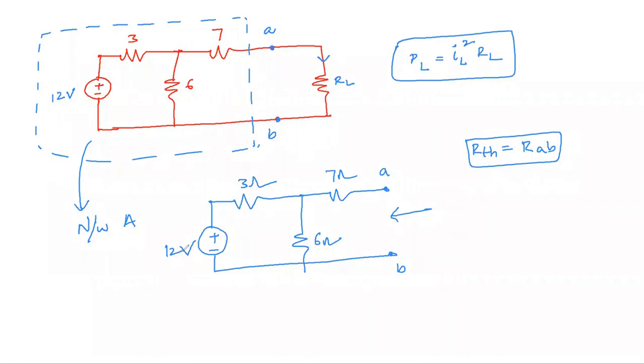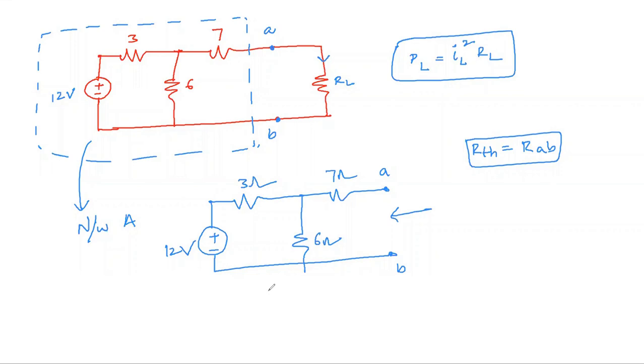Okay, so you have a 12 volt voltage source. If you make it 0, do you short circuit or open circuit? Obviously short circuit.